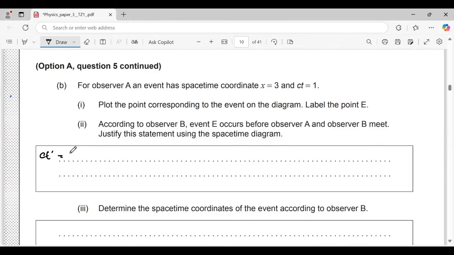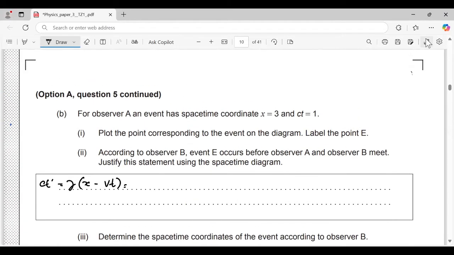x' is gamma times (x minus phi t). Right. For gamma, I would like to calculate the gamma formula like this: 1 over square root of 1 minus 0.8c squared over c squared.